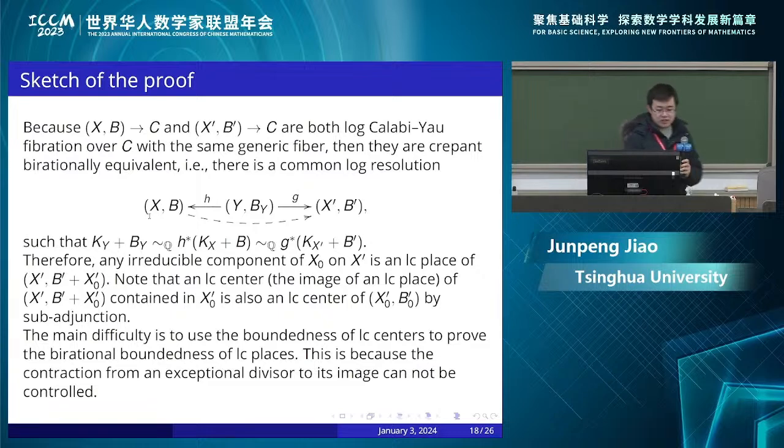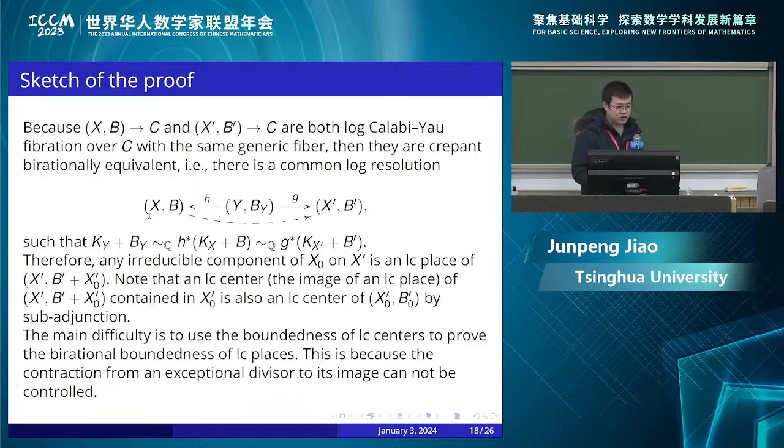So by subadjunction, it is also an LC center of this central fiber (X_0', B_0'). So now we show that every irreducible component of X_0 is an LC place. And because the central fiber is log bounded, its LC centers are also log bounded. So now we have transformed the problem into showing that the LC places are bounded by using that the LC centers are bounded.